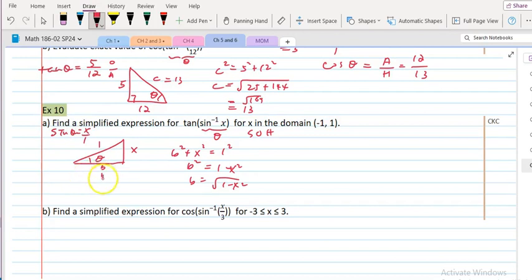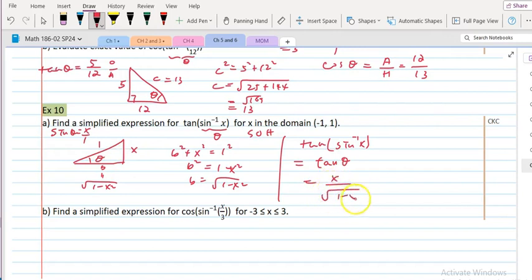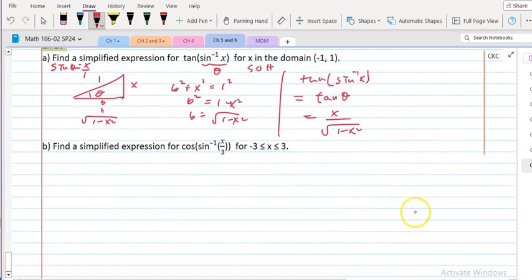So b would equal the square root of 1 minus x squared. So now tangent of sine inverse x would equal tangent theta, right? Tangent theta is what, according to this triangle, TOA, x over b, so x over the square root of 1 minus x squared, and that's it.